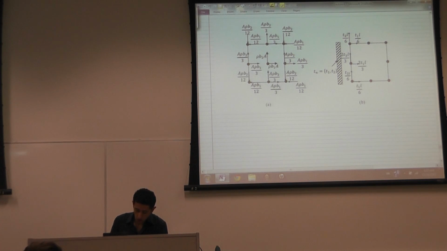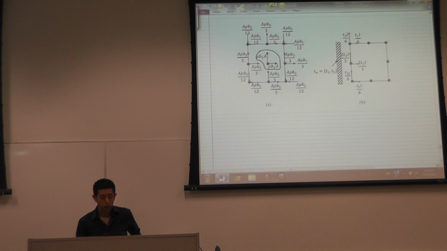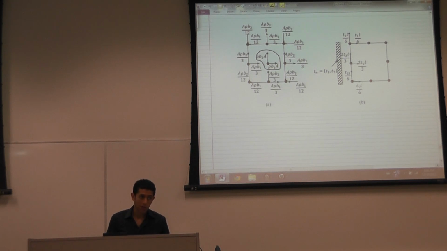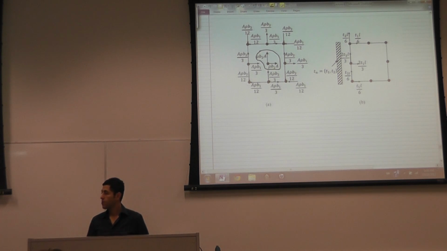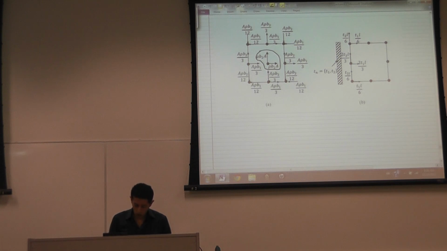If I have a distributed load or a distributed body force on the element, and I want to take that load and distribute it as nodal forces on the nodes of the element, you'll find the components on these nodes are in the same direction as that load, but the components on the vertices are in the opposite direction. So the sum of forces, of course, will be equal to the resultant of rho B2A and rho B1.